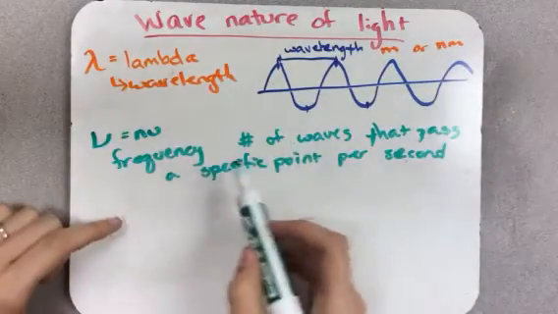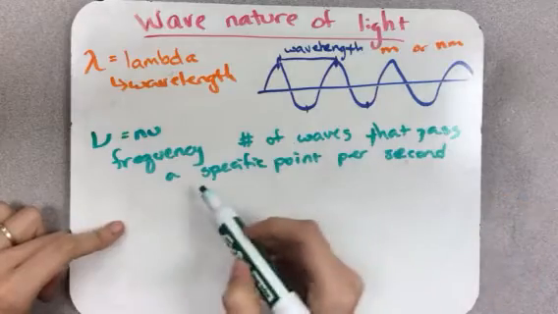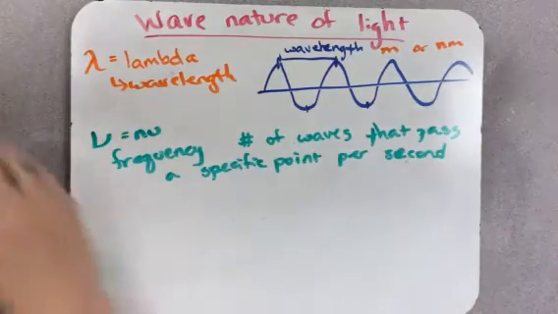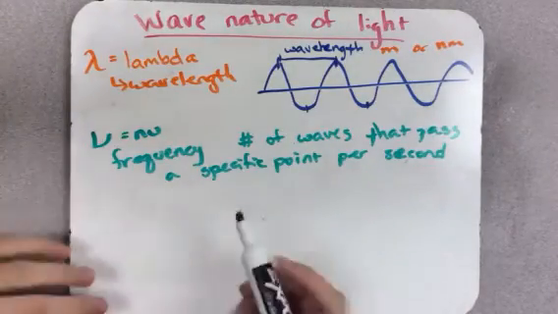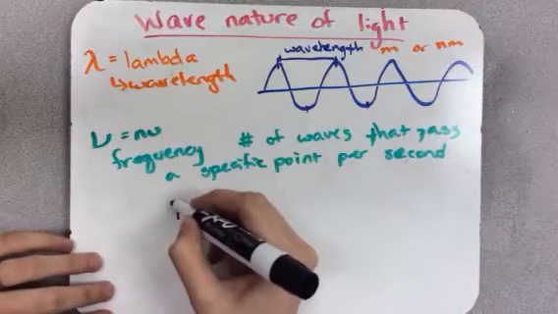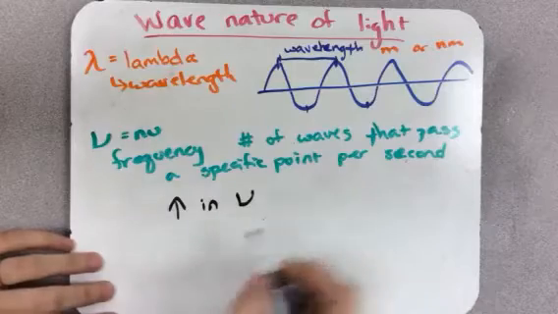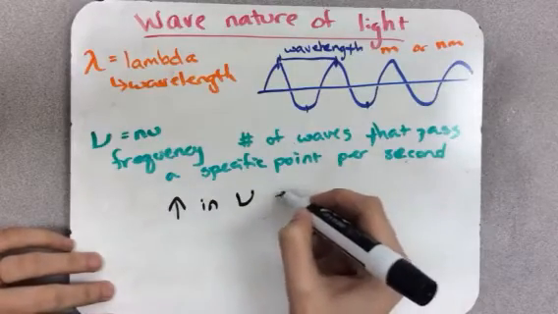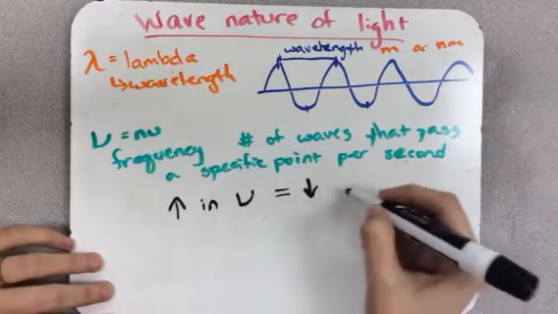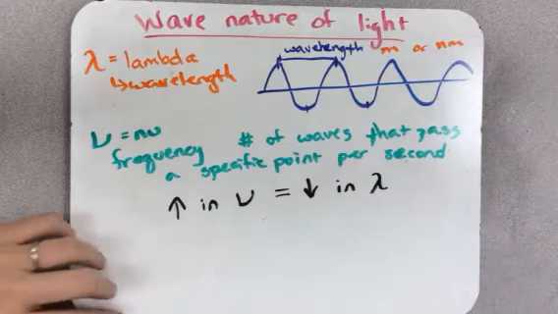That means that more waves can pass through that specific point per second. So a trend that you'll notice is that an increase in frequency, and I'm just going to write nu, is equal to a decrease in wavelength.